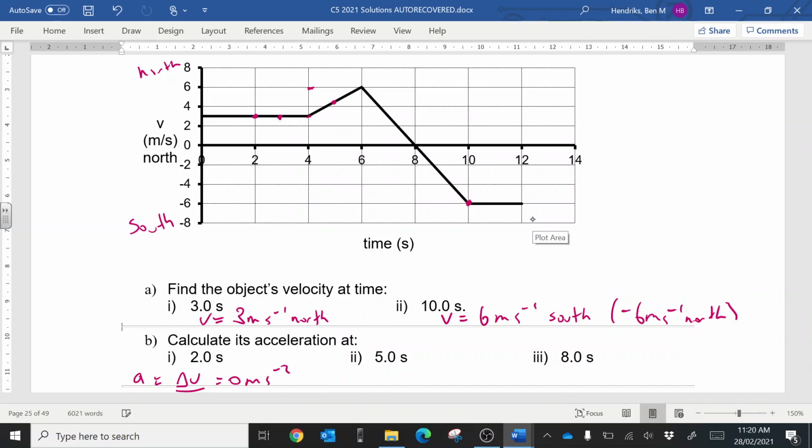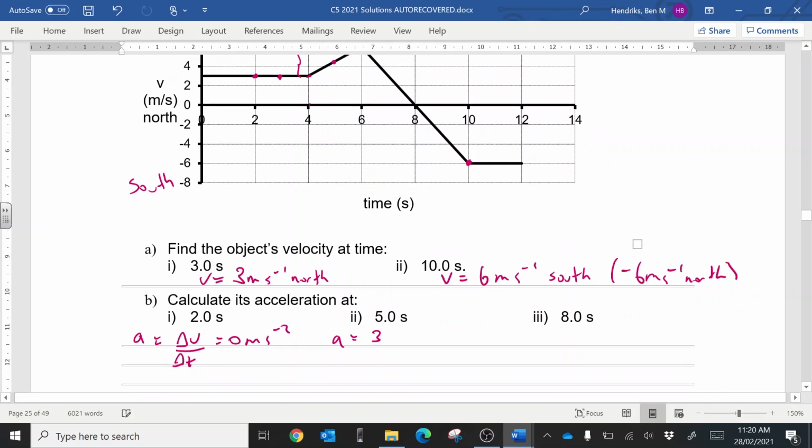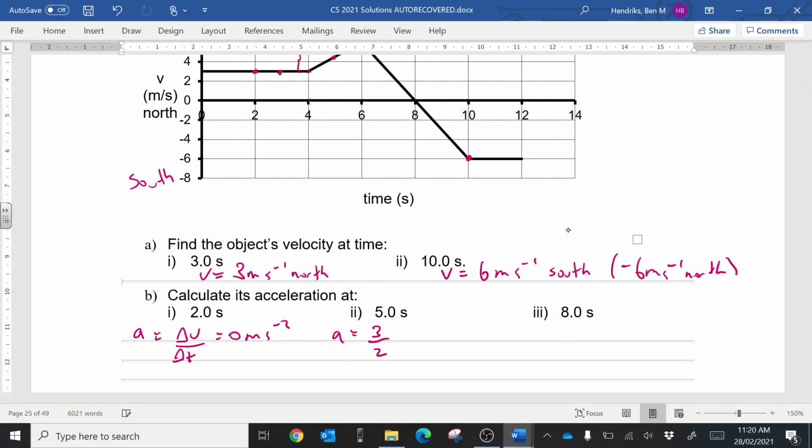The rise goes from 3 to 6, so it's positive 3, and the run is along this way, from 4 to 6, so it's 2. So acceleration equals 3 over 2, which is 1.5 meters per second squared north. It's positive.